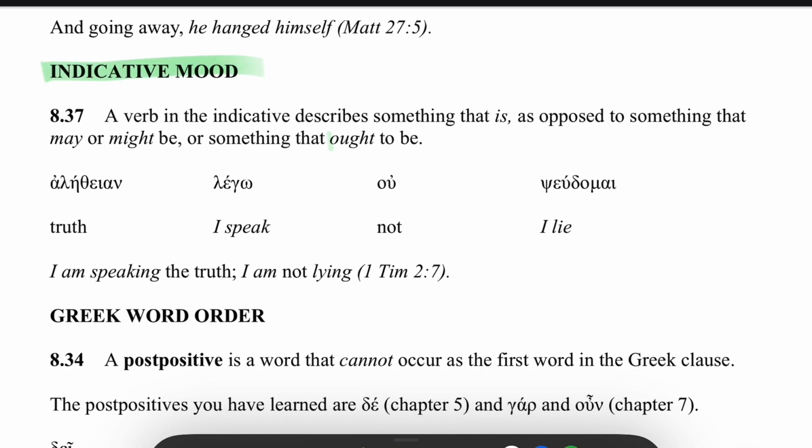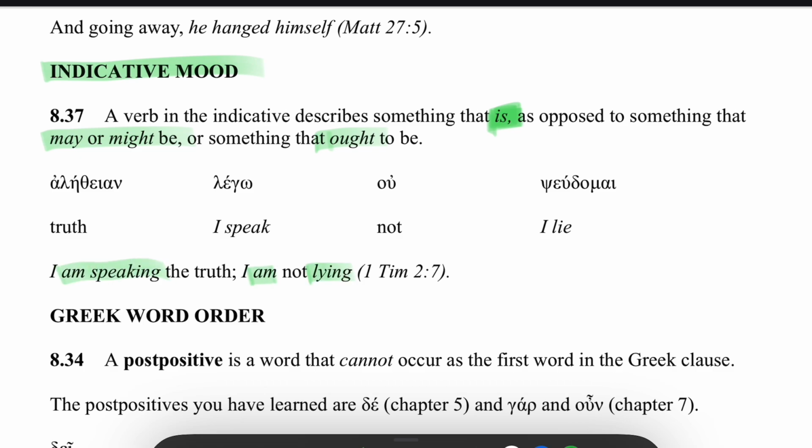All right, the indicative mood. Just briefly, this is what the whole chapter's about. The indicative mood is the mood that describes something that is, rather than something that might be or ought to be. So, alethean lego, ou pseudomai is I am speaking the truth.